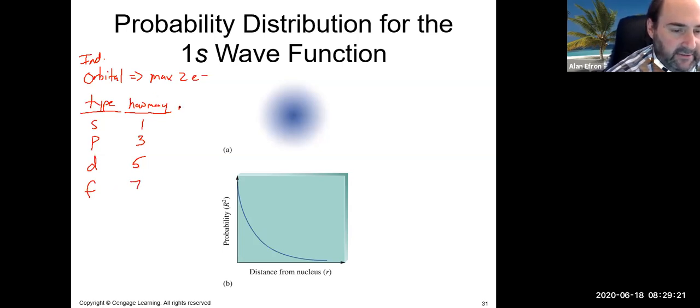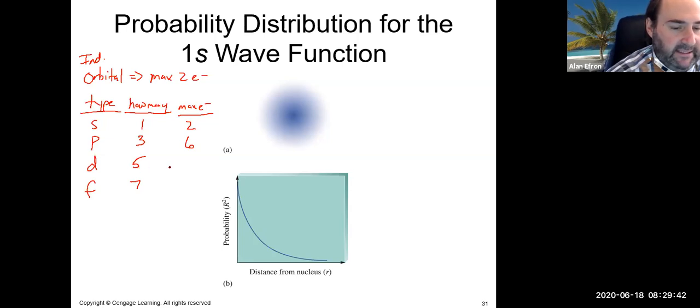Which means if we max these out in terms of maximum electrons, since each one can only hold 2 electrons and there's only one s orbital, 2 is our total number there. If we max out all 3 of the p orbitals and each one can hold 2, we can max out at 6.